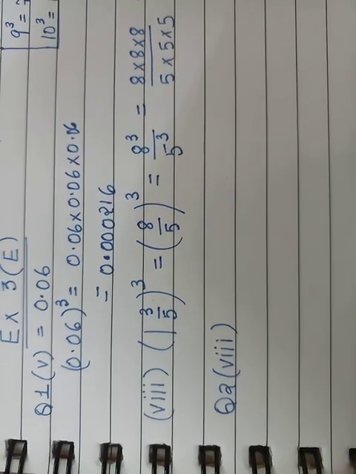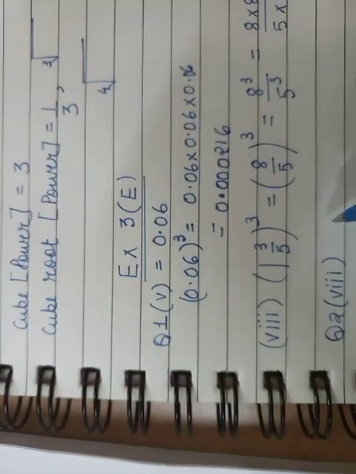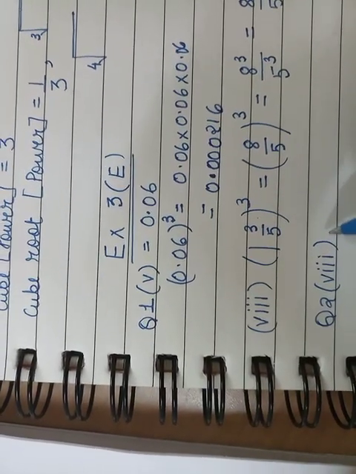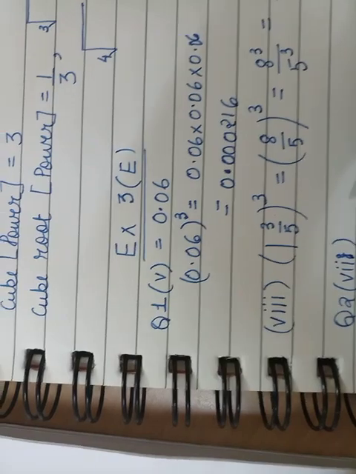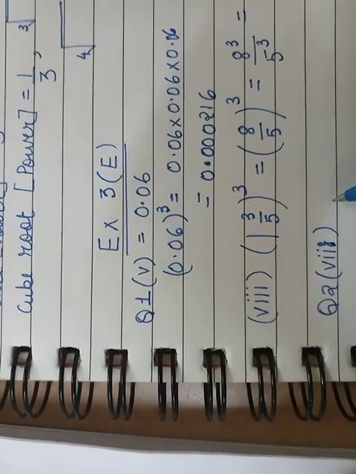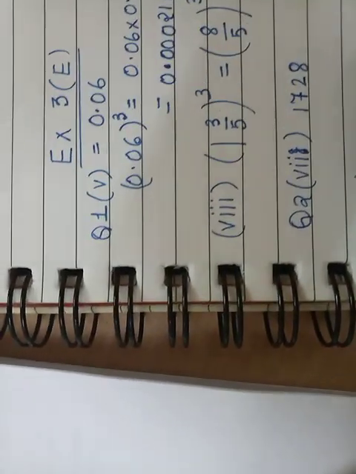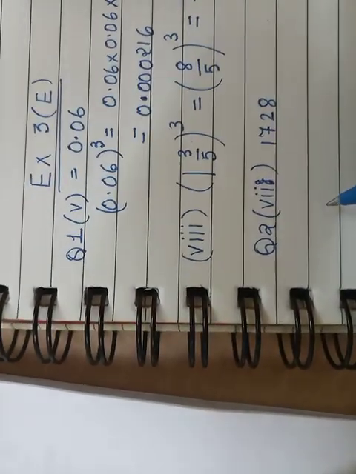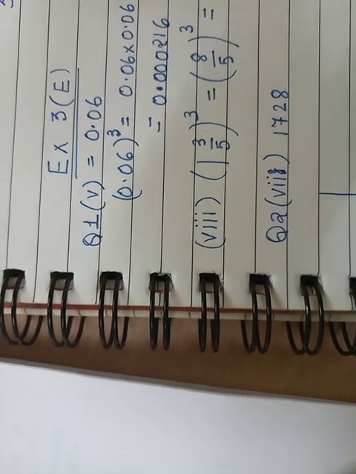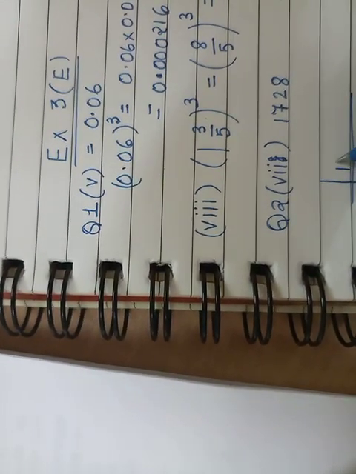Let's proceed with question number 2, part 7. The number given is 1728. For such numbers, we always do the prime factorization. So I start with the prime factorization of 1728.